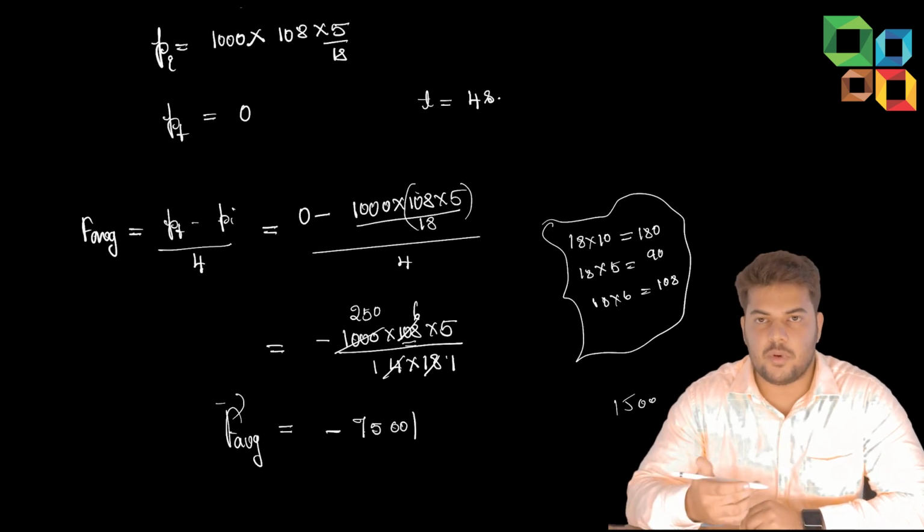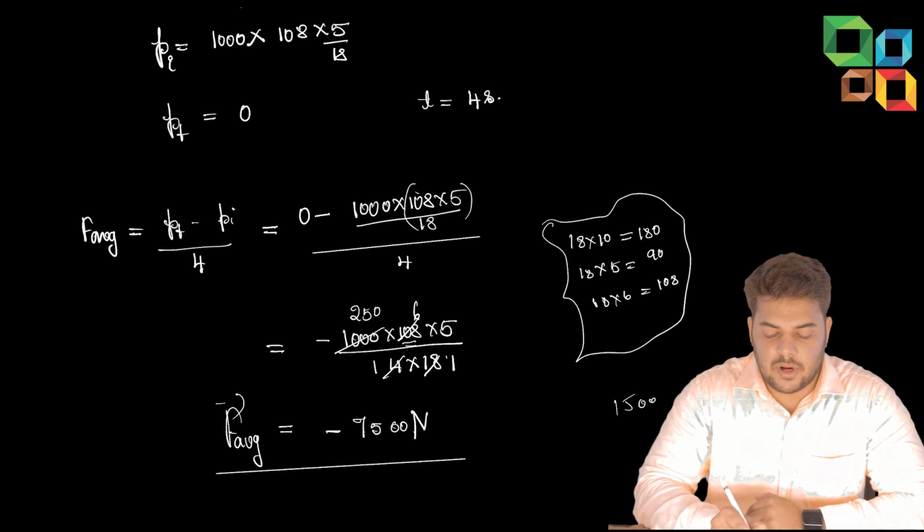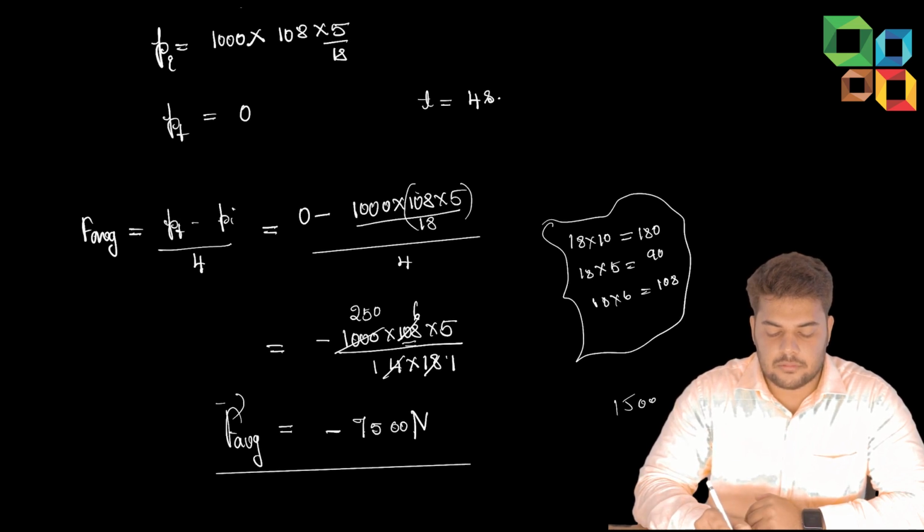It's in the opposite direction, and its value is negative 7500 Newton.